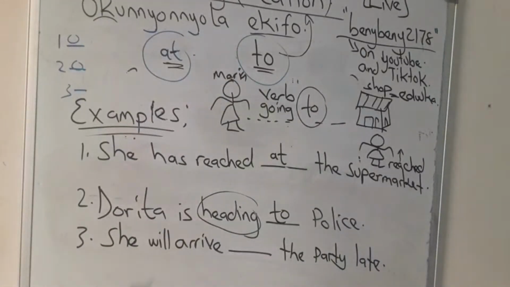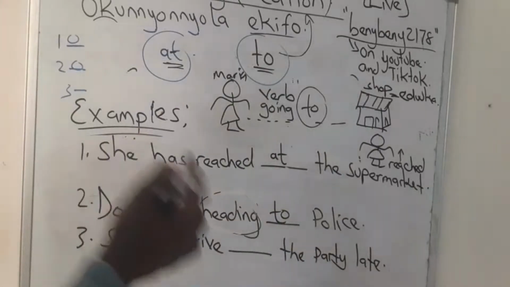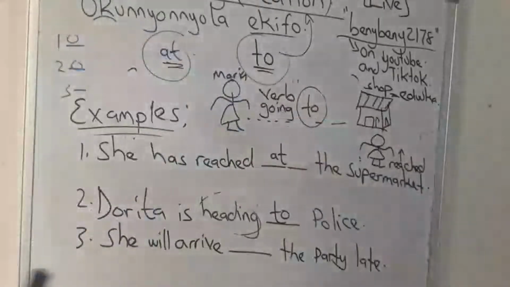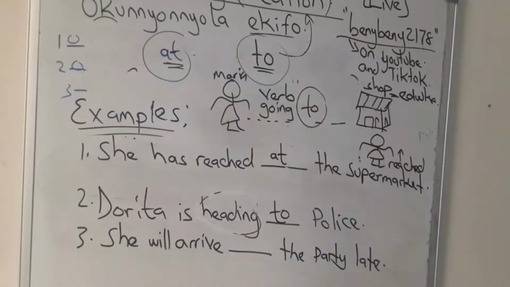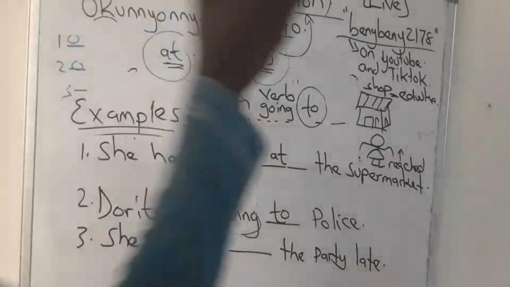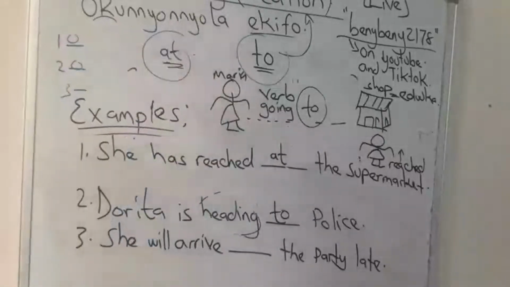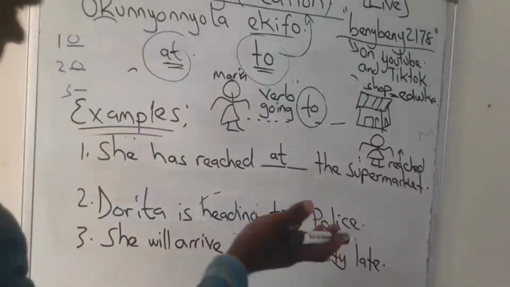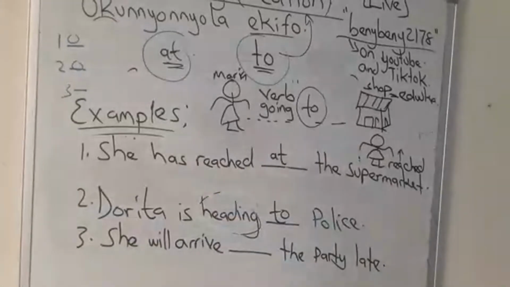Kitegeeza the reader agenda ku police. Remember tugambye heading ekintu ekibanga kiri mu motion, it is going somewhere. Ogenda kozesa eno to. Are we clear? So ekintu ekiba kituuse at that point or at that position ogenda kozesa at. Hope we are clear on that. Okay, so the reader is heading to kubanga tannaba kutuuka. It's just kinagamba the reader is going to police. Are we clear on that?